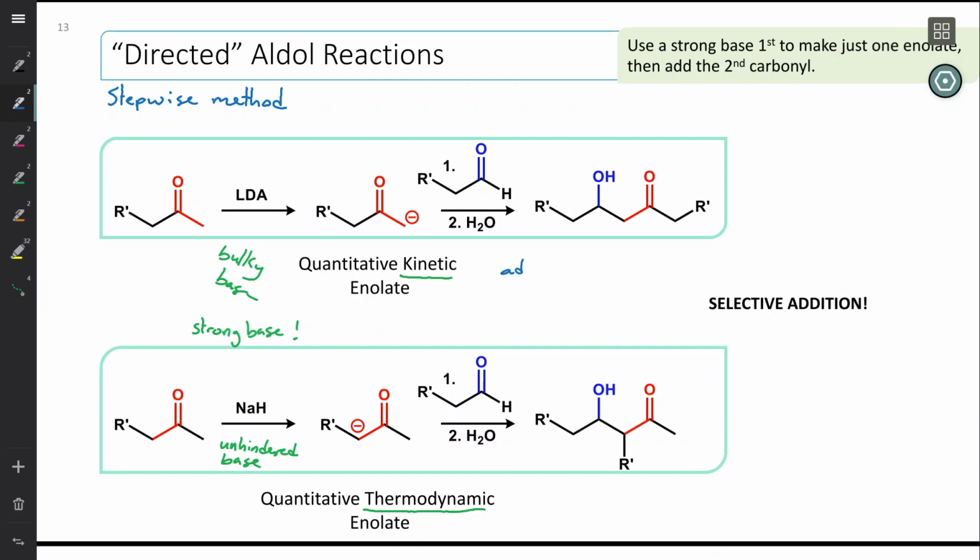So yeah, you add the electrophile after all the enolate is made. And that gives you that selective addition, and so no mess, right? You should only get one product.